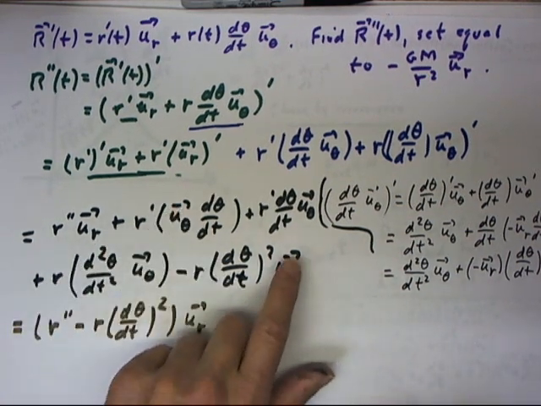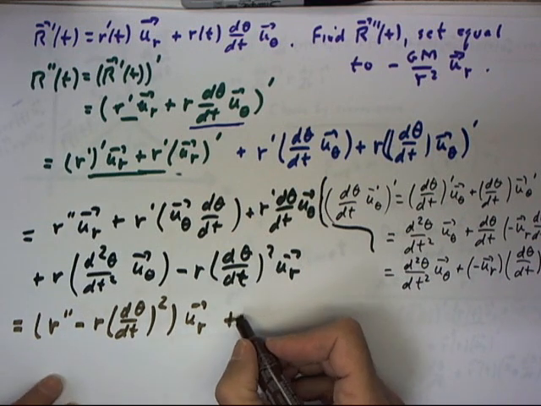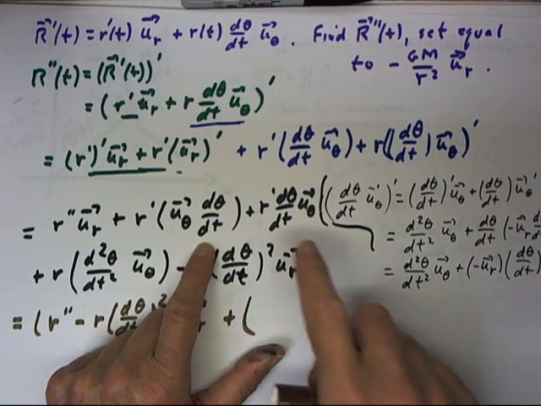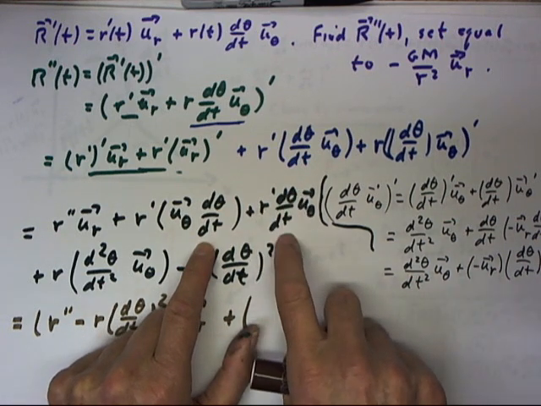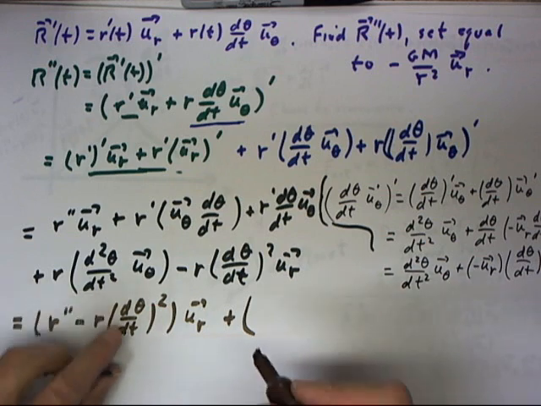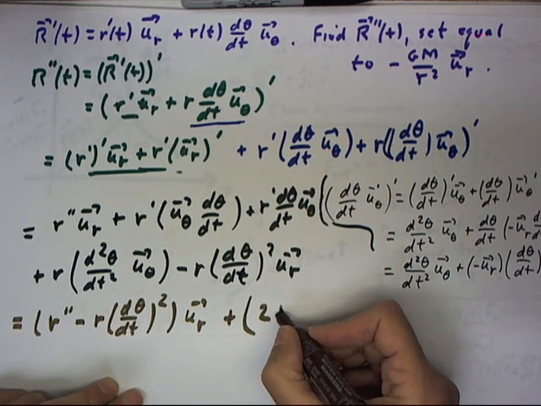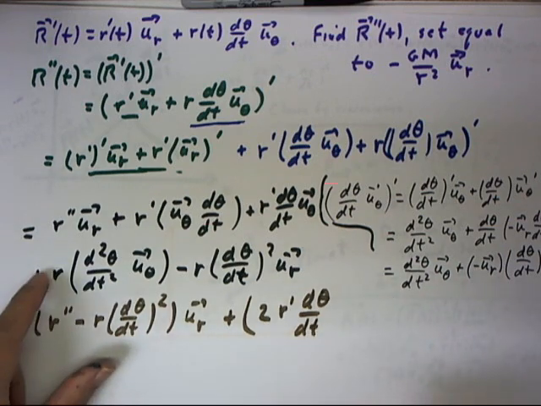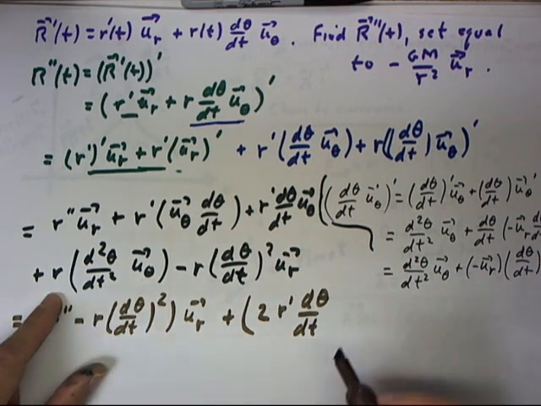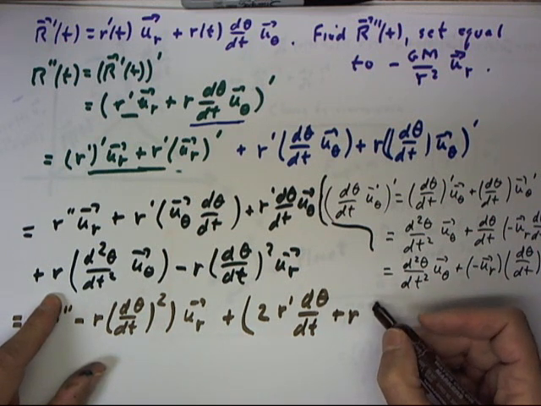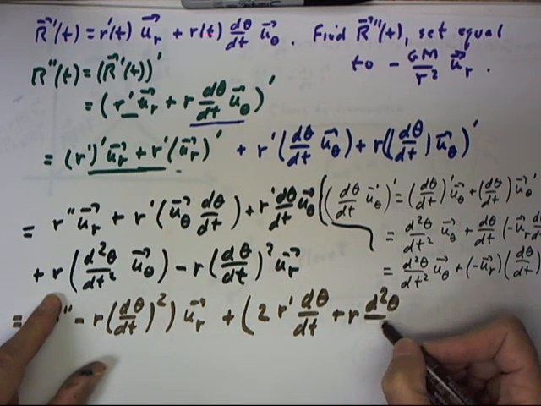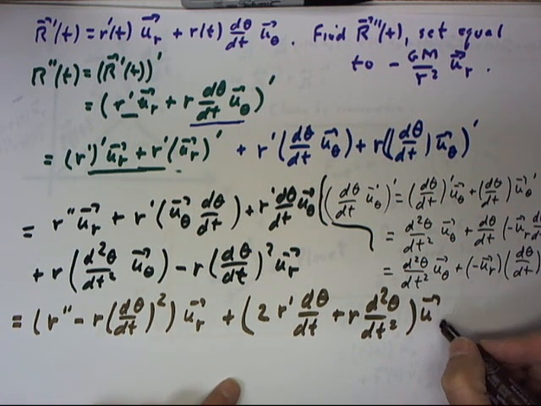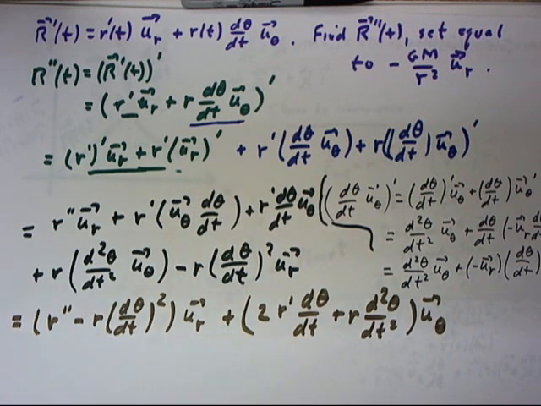Now, pulling out our factors of u sub theta, we have what? R prime times d theta dt, and notice that here we also have an r prime d theta dt multiplied by u theta. That gives us 2 r prime d theta dt, and then we have a u theta term here, which is just r times the second derivative of theta with respect to t, and that's times our u sub theta vector.